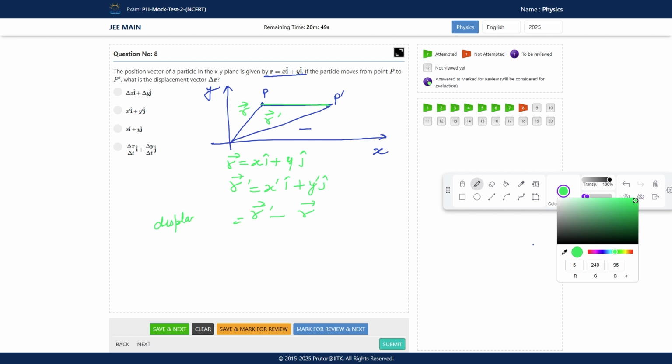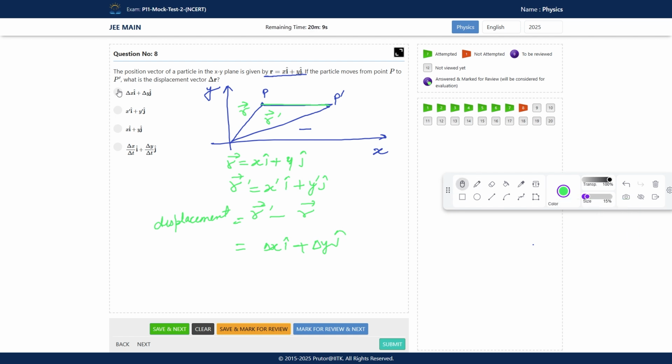So just solve it and tell me which one is correct. Just substitute the values of R and R prime. So you will get delta x i cap plus delta y j cap. Clear? So this one is correct.